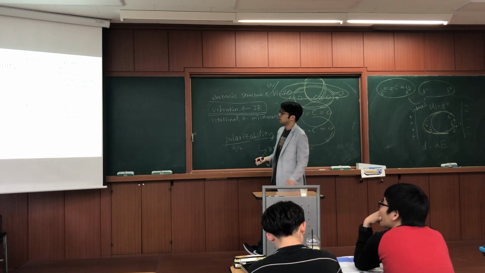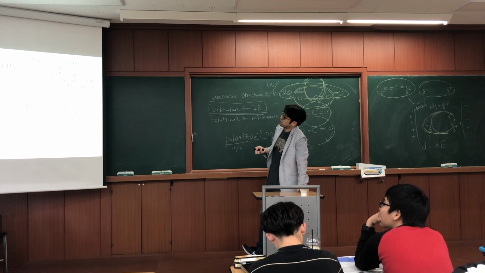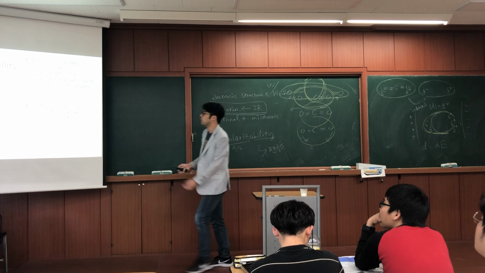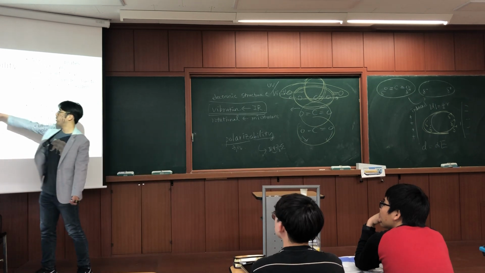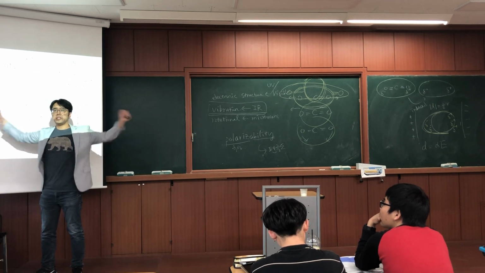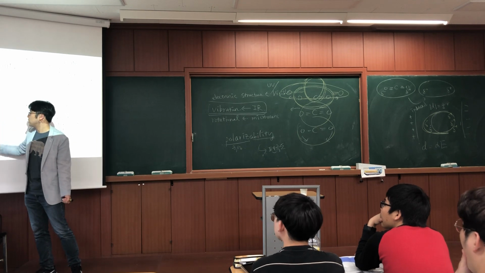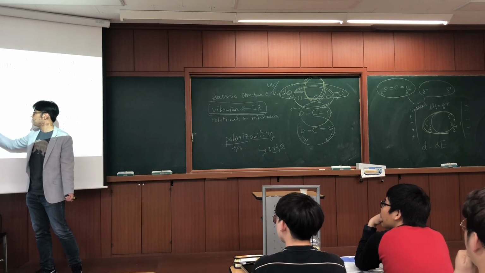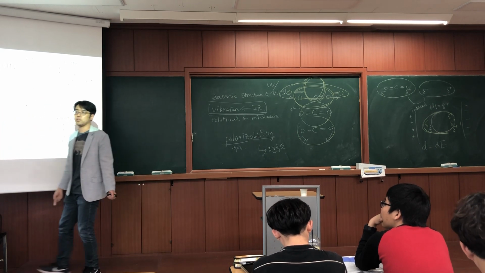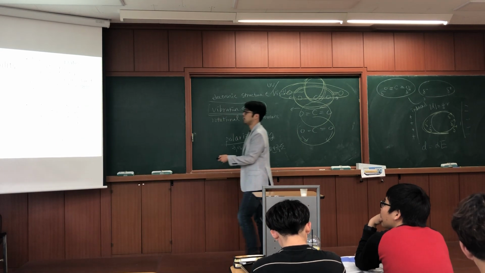So if we observe the Raman spectrum of CO2, we can only observe the Raman spectrum of this symmetric vibrational mode, but we cannot see the peaks around here because these don't change the shape of the electron clouds that much.